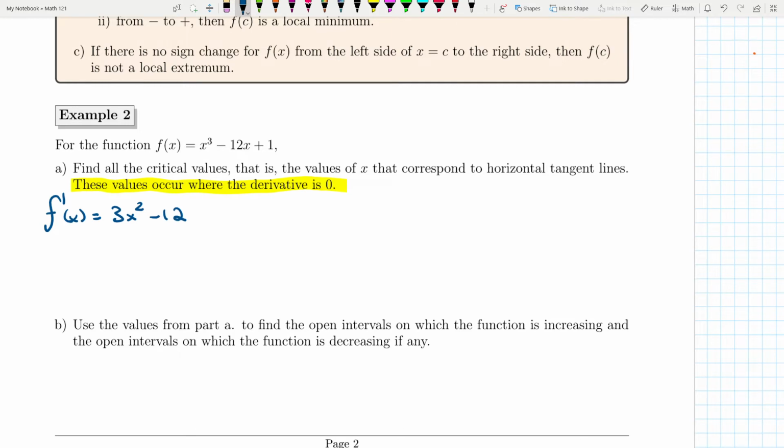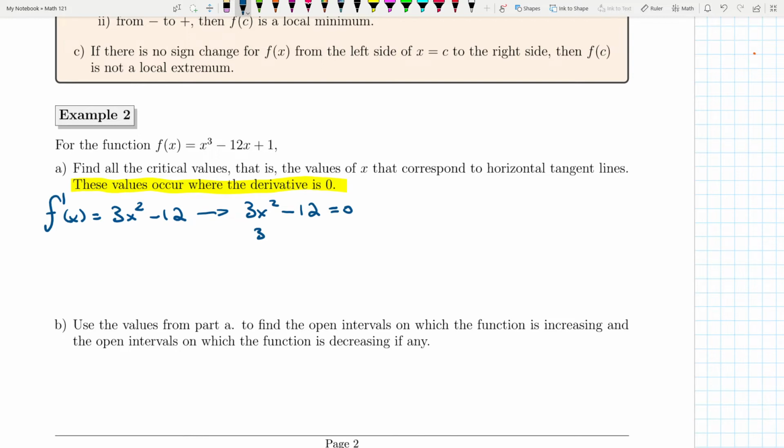And what do we need to do? We need to set this derivative equal to 0 and solve for x to find those critical values. First, we will solve this polynomial by factoring the GCF.